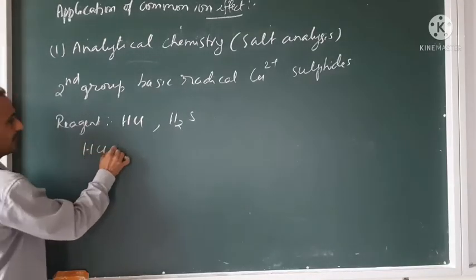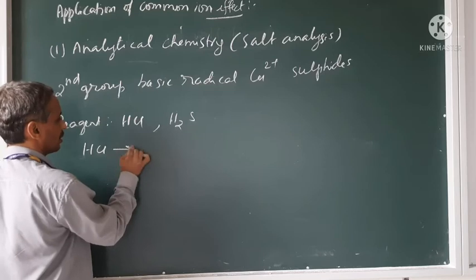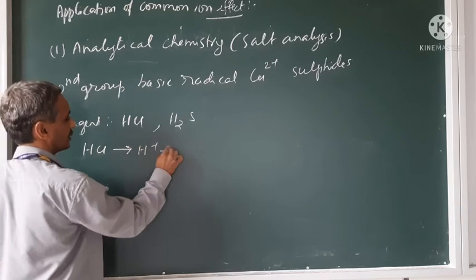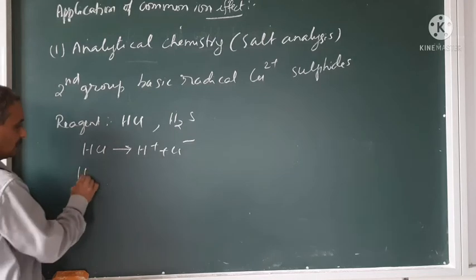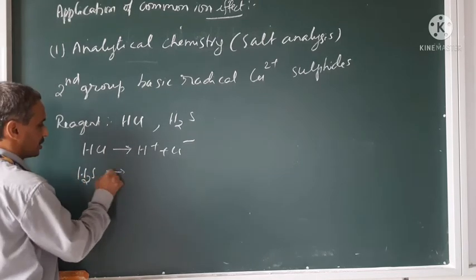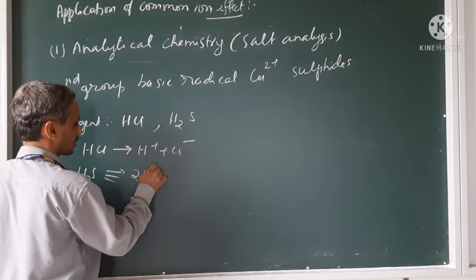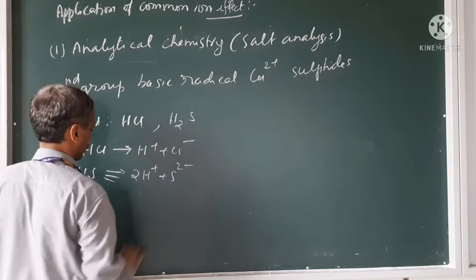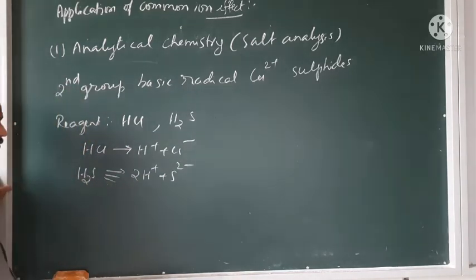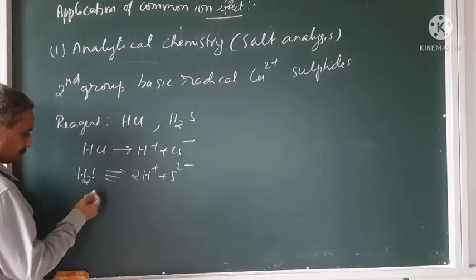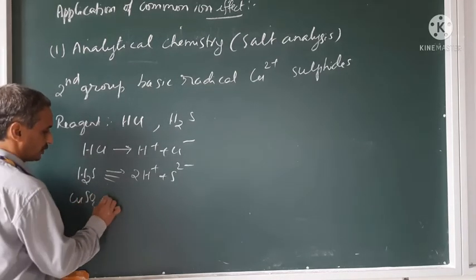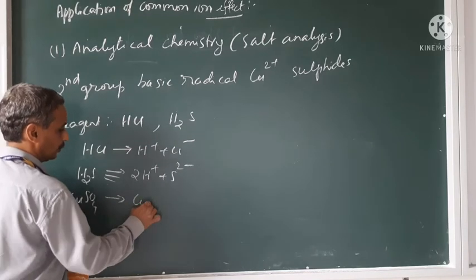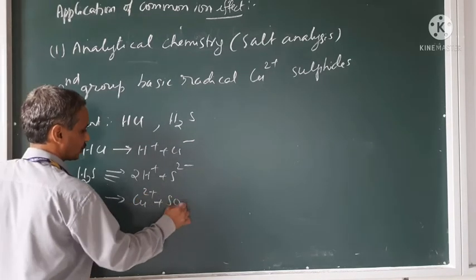HCl added will ionize as H+ and Cl- because it is a strong electrolyte. H2S added will ionize to 2H+ and S2-. Say your salt is copper sulfate, CuSO4, which ionizes to Cu2+ and SO4 2-.